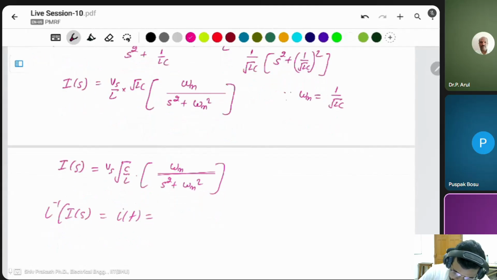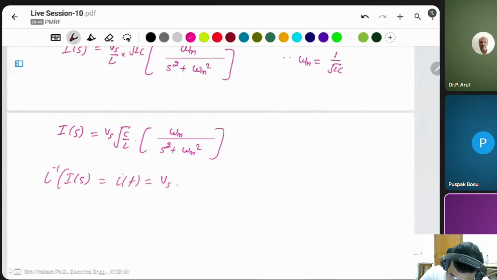In the time domain, this will be Vs root of C by L. What is this? Laplace of sine omega t. You know the Laplace of sine omega t is omega divided by S square plus omega square.